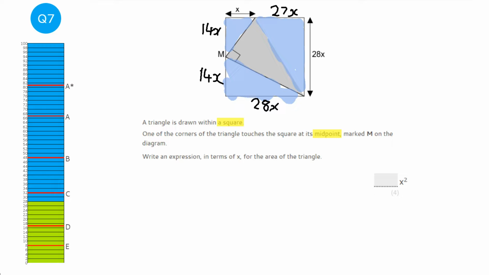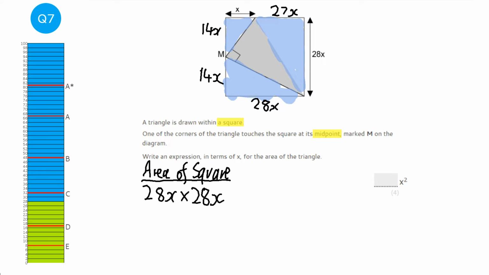So sometimes you want to work out the bits you don't want and take it away from the total. So I'm going to write down area of square first. Okay, and I know I'm going to do 28, so I'll underline that. So I'm going to do 28x times 28x.